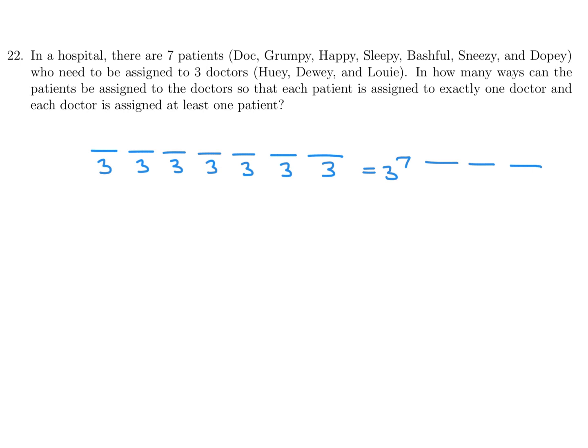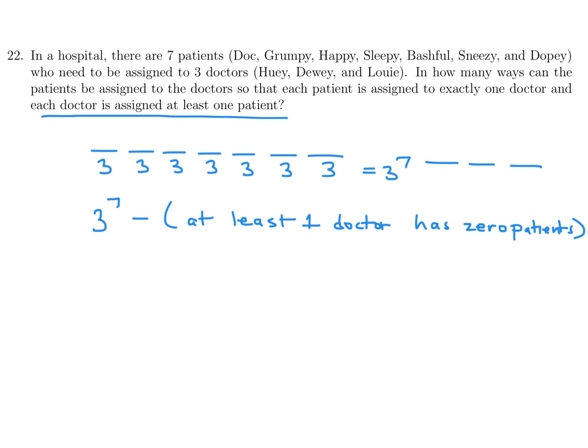So that is the equivalent of taking everything and subtracting from it the cases where at least one doctor has 0 patients. If we get rid of those, then that would be the equivalent of each doctor having at least 1. Okay, let's approach it that way.